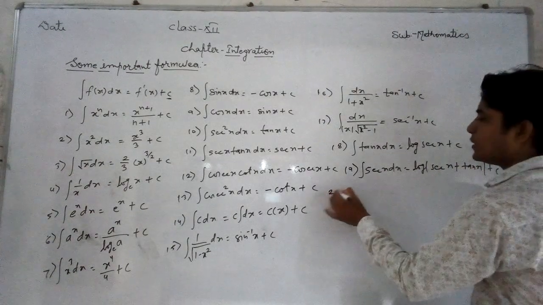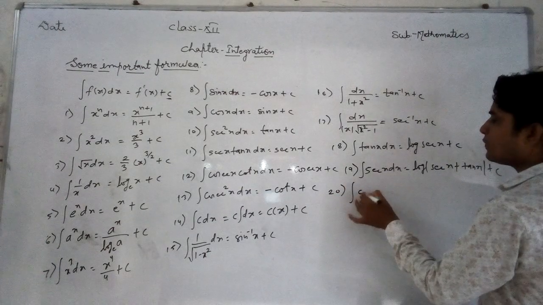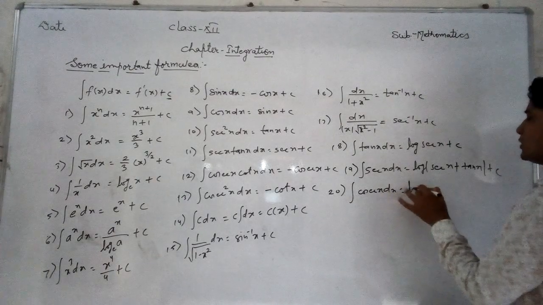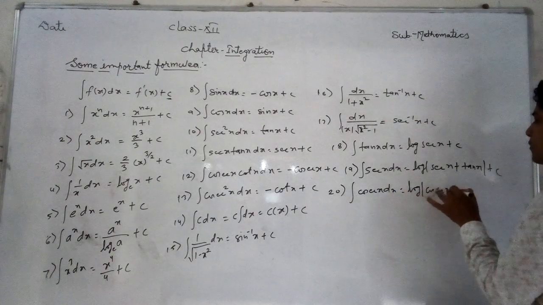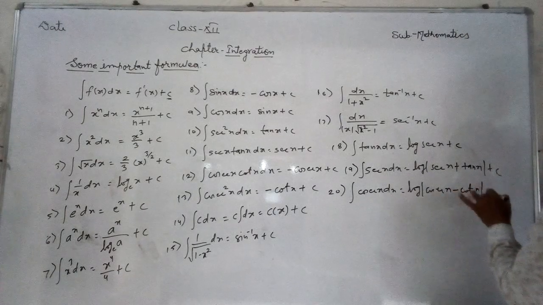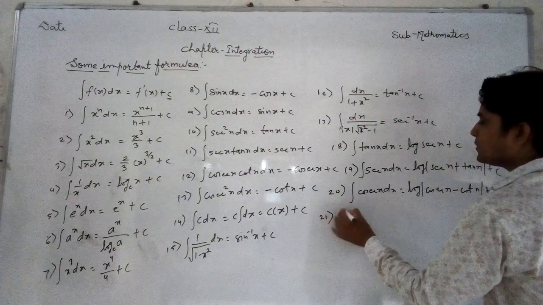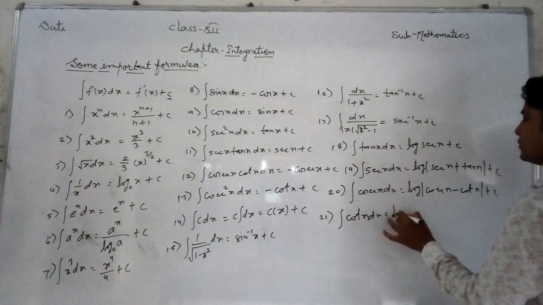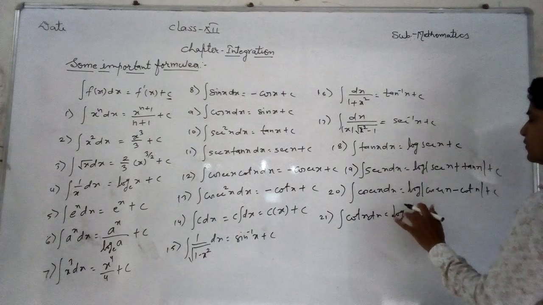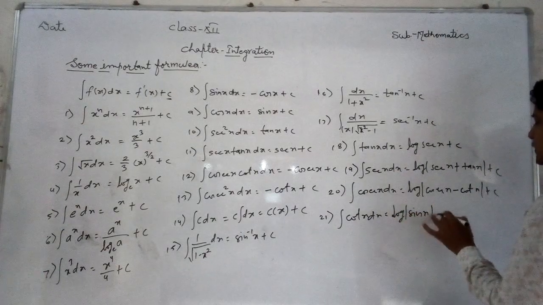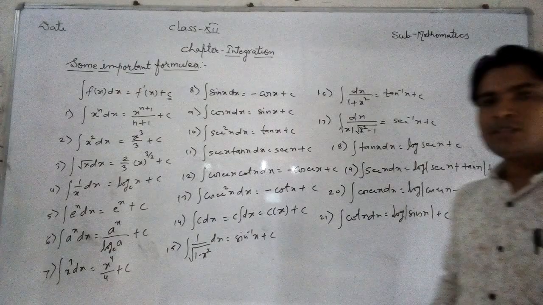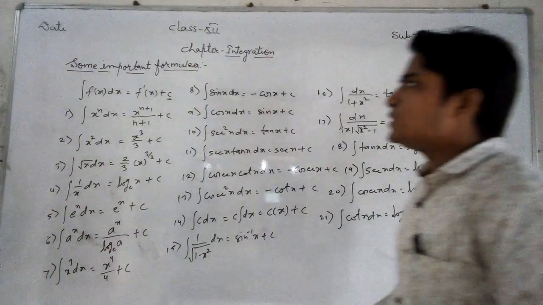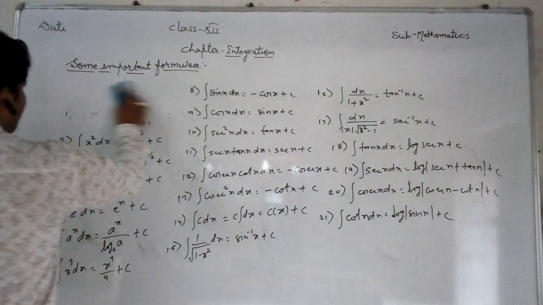The last, number 20: the integral of cosec x is log of cosec x minus cot x plus c. Similarly, the integral of cot x is log of sin x plus c. So students, these are the basic formulas related to integration.